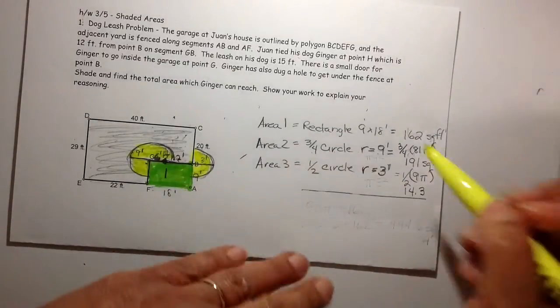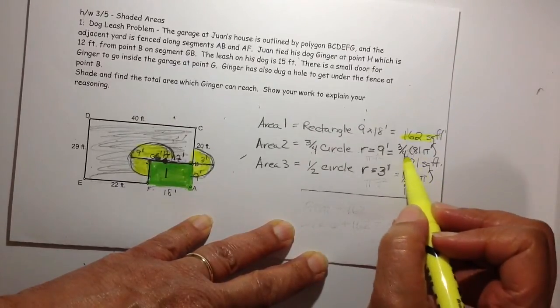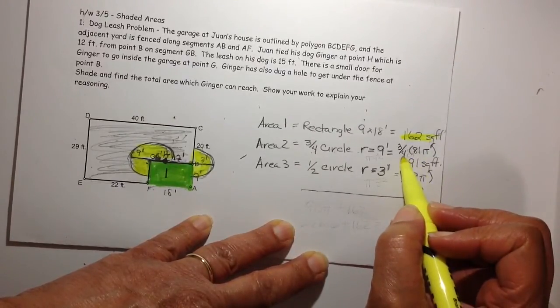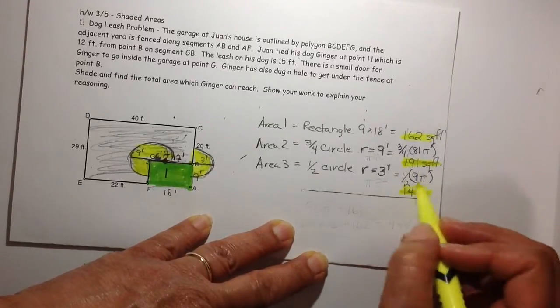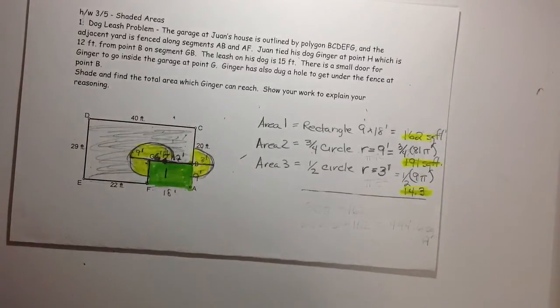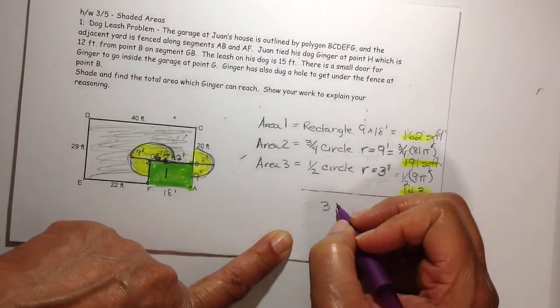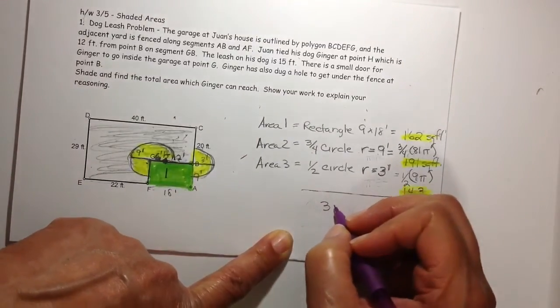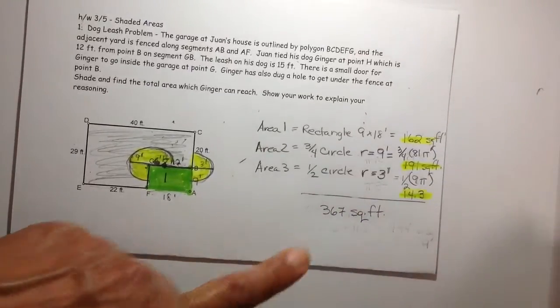So I'll highlight the values we're looking at. We got 162. Okay, 191. And we've got 14.3. Or we could just round to 14. So 162 plus 191 plus 14 gives us an area of 367 square feet that the dog would be able to run in.